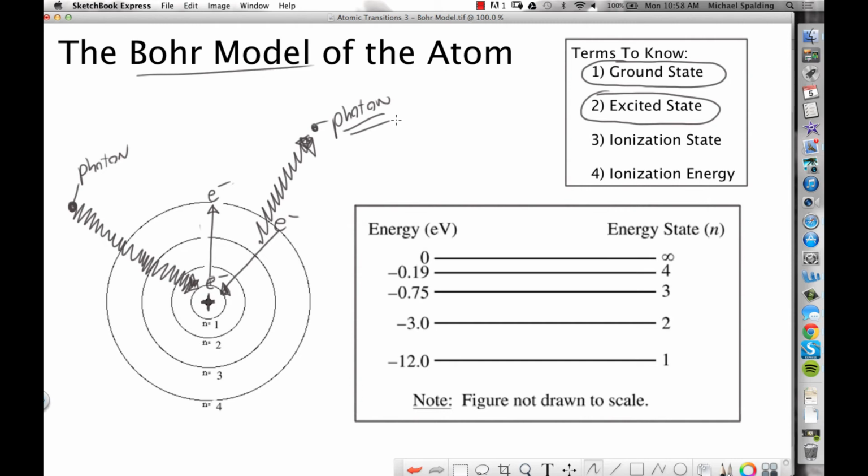So long story short, how does an electron leave the nucleus to the excited state? Energy gets added to the atom in the form of radiation, photons. When the electron leaves the excited state and falls back to the ground state, energy is going to be released by the atom in the form of radiation.